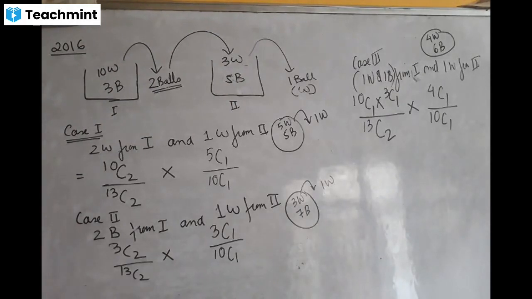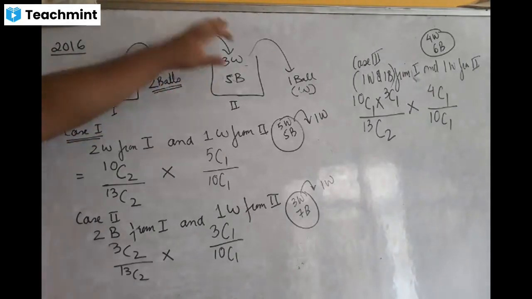An urn contains 10 white and 3 black balls. So bag 1 has 10 white and 3 black balls. While another urn contains 3 white and 5 black balls. So I have already written that. Two balls are drawn from the first urn and put into the second.